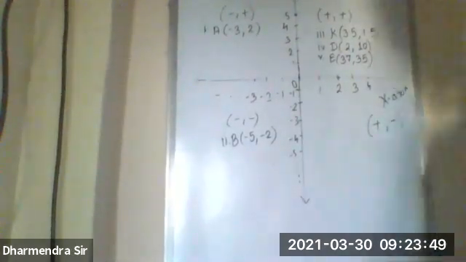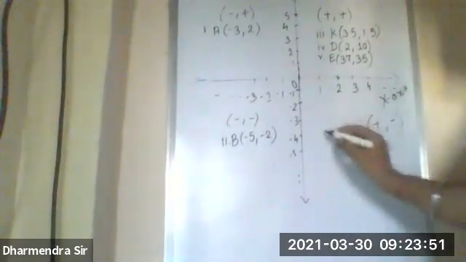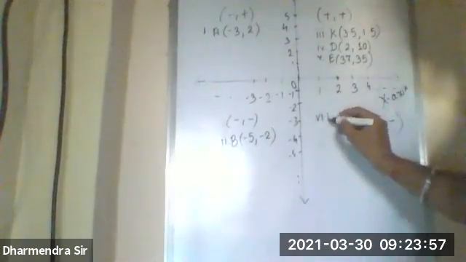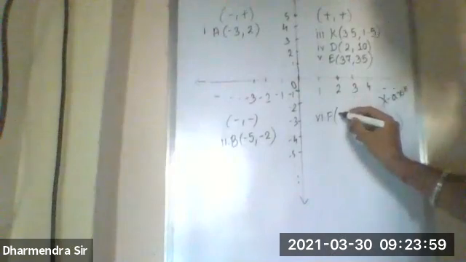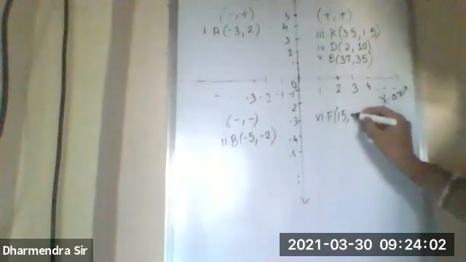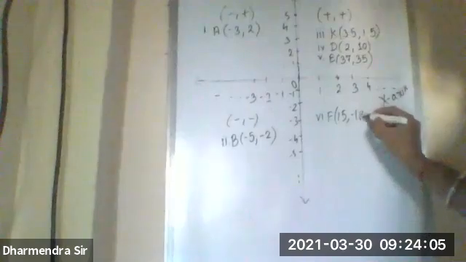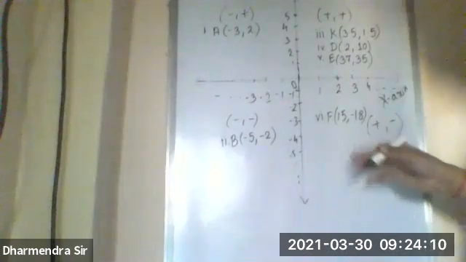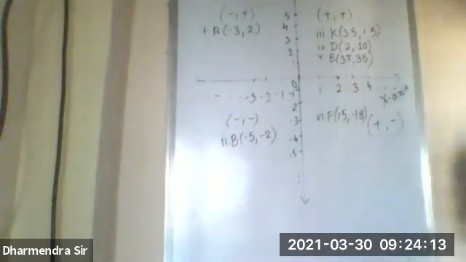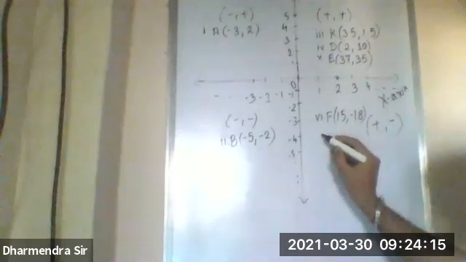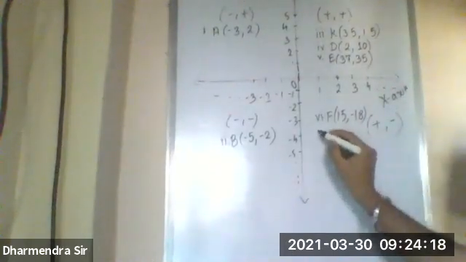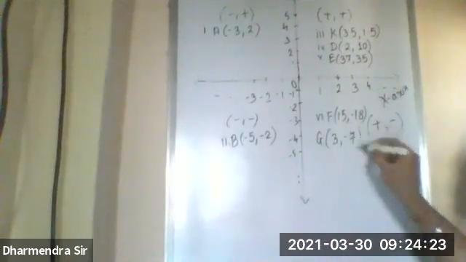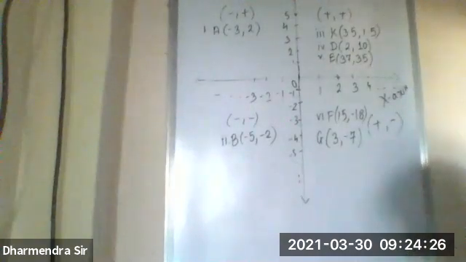F is having positive, negative: 15, minus 18. As we can see, the sign positive, negative lies in the fourth quadrant. Next, G, which is again positive, negative. G is having 3, minus 7. It is positive, negative, so it lies in the fourth quadrant.